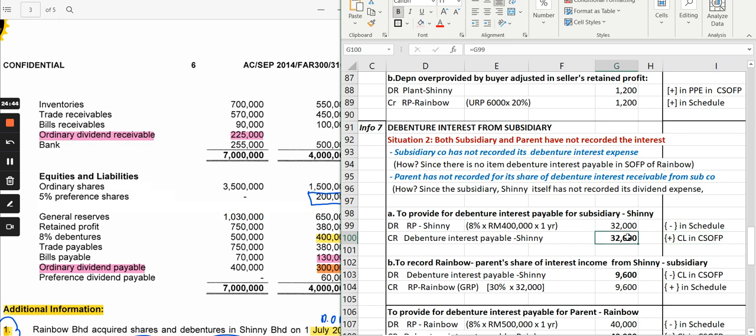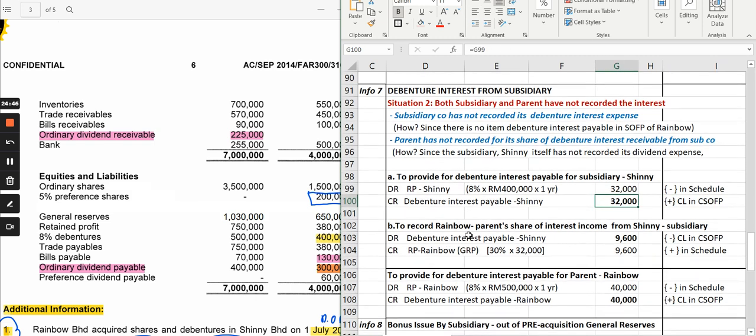First you put 32,000. Then you need to record the parent's share of interest income, and that was 30% based on our acquisition percentage of 32,000, so 9,600. And remember, this is an intra-group transaction, income from subsidiary. You record this in the schedule for the parent company.